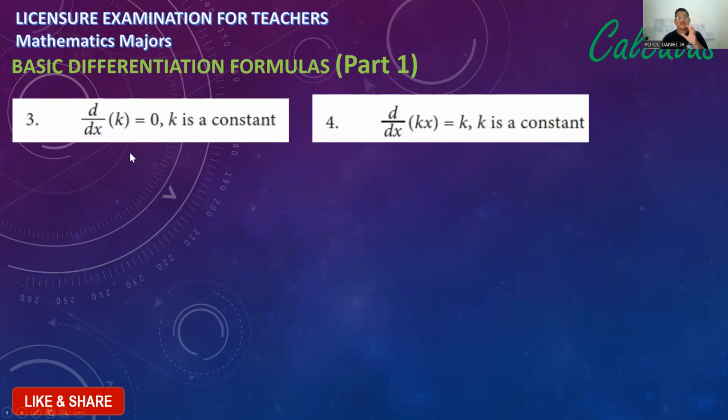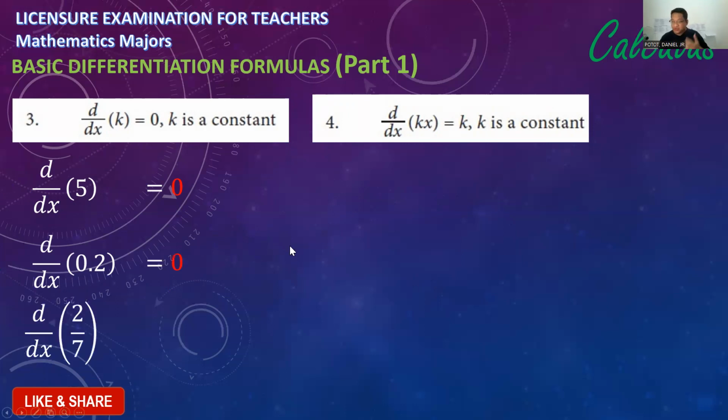Ito sabi niya, the derivative of k is equal to 0, where k is actually a constant. So, for example, what do you mean by that one? The derivative of 5 is a constant. Number lang siya. So, automatically, 0 ang kanyang derivative. The derivative of 0.2 is a decimal, di ba? Kahit pa siya decimal, because decimal is a constant, then the derivative will be equal to 0.